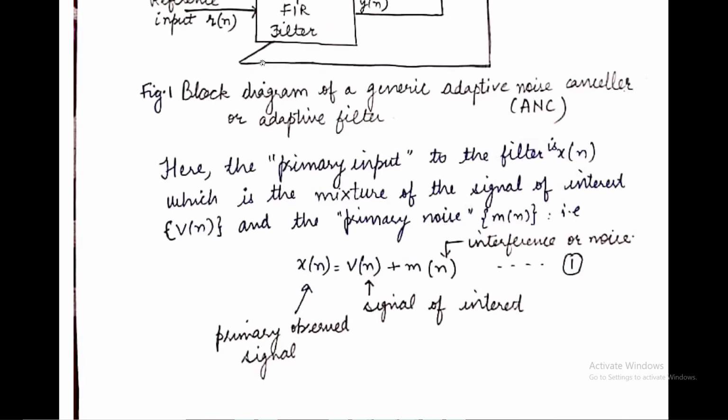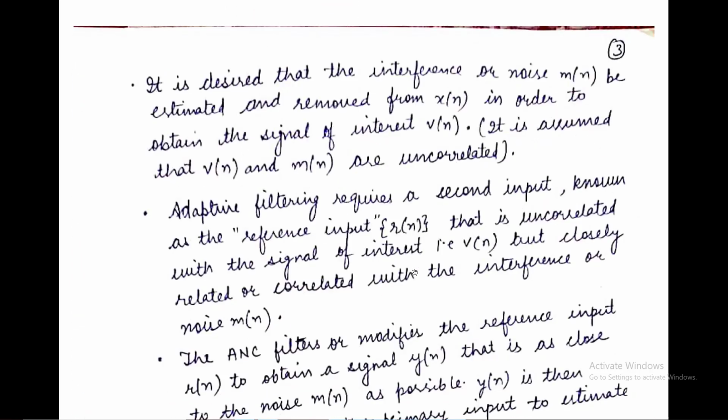That is, Xn is Vn, the signal of interest, plus Mn, the interference or noise. Further, it is desired that the interference or noise be estimated and removed from Xn to obtain the signal of interest, that is Vn, and for that we are assuming that Vn and Mn, the signal of interest and the noise, are uncorrelated. This is the assumption we have to make.